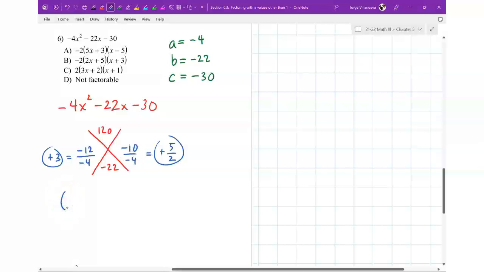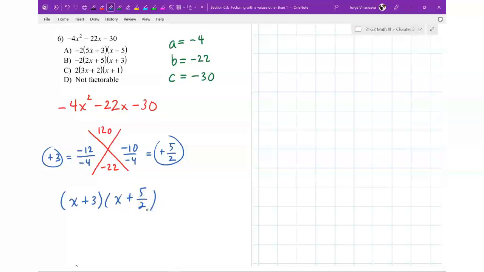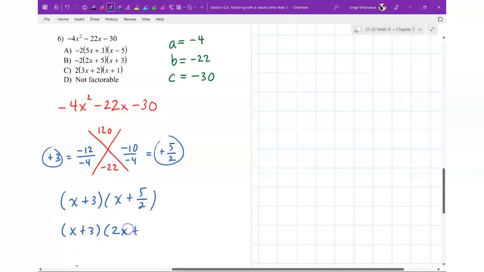I get x is +3, x plus 5/2. Okay, so if I fix this, I get x plus 3, 2x plus 5.